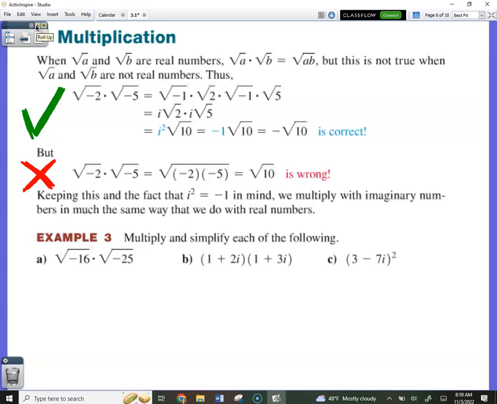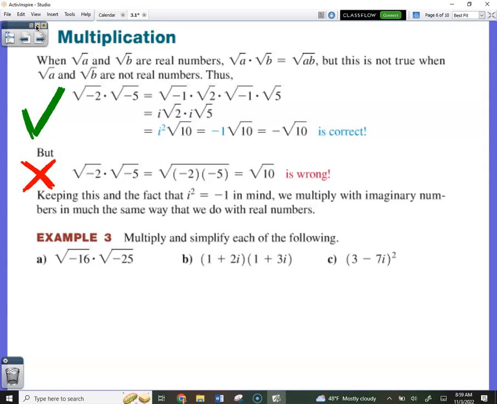Okay, so looking right here, this is the square root of -2. This is the square root of -5. The wrong way would put you being done immediately, so that would be your clue that you've done it wrong. You should know there's going to be more work involved. We're at a college level class, right?